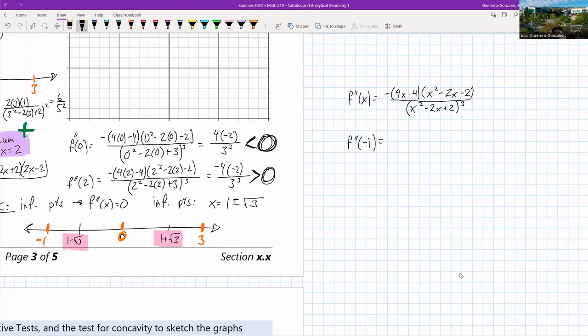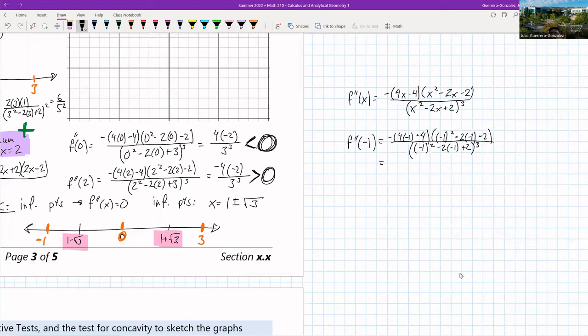Okay. So if I do f double prime of -1, then I'm going to go ahead and plug it into here. So minus 4 times minus 1, oops, minus 4. And then I'm going to do minus 1 squared minus 2 times minus 1 minus 2, all over minus 1 squared minus 2 times minus 1 plus 2 cubed.